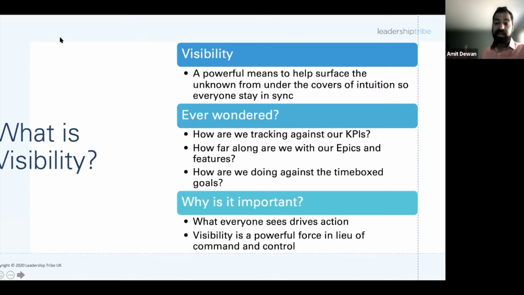So having those dashboards and reports present early in the game is important, so that people are able to appreciate that and make adjustments. I've seen examples of dashboards where teams, programs or ARTs are able to build a backlog: this is what we're going to be delivering in the next 3 months.